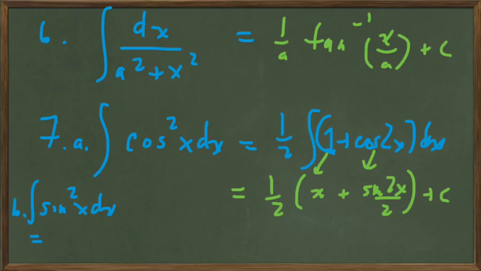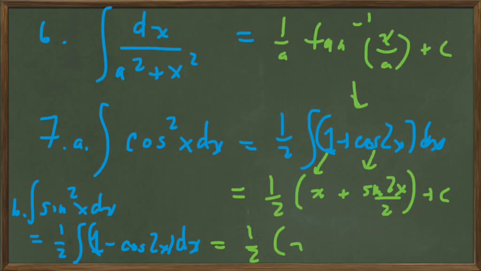And then for sine squared x we would use this trig identity, 1 minus cosine 2x, almost the same identity as the one that we just used here. And when we integrate that, we get 1/2 x minus sine 2x over 2 plus c.